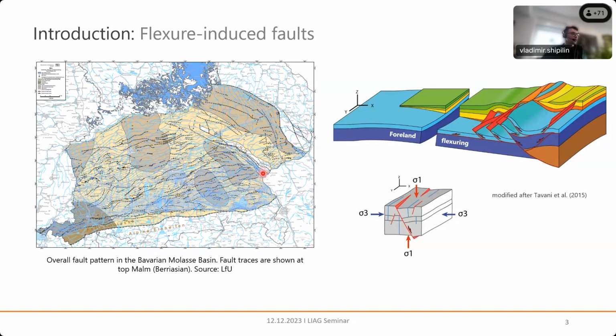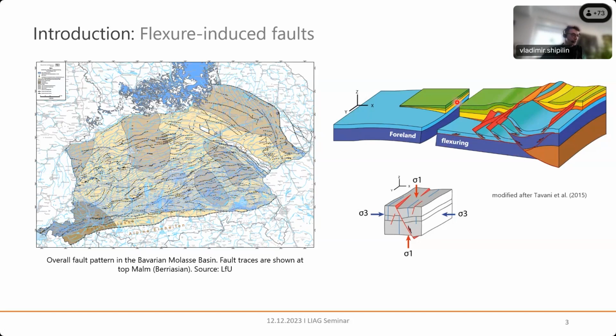Here we can observe an overall fault pattern characterized by normal faults that strike parallel to the Alpine orogen. These are so-called flexure-induced faults that resulted in response to the foreland flexuring due to orogenic loading.